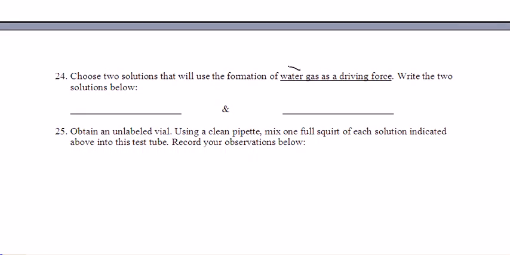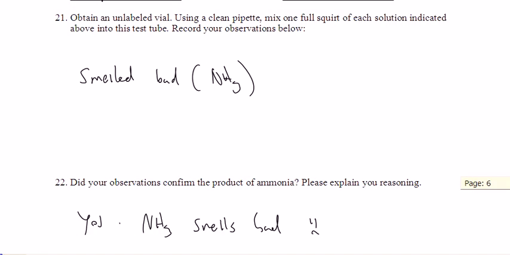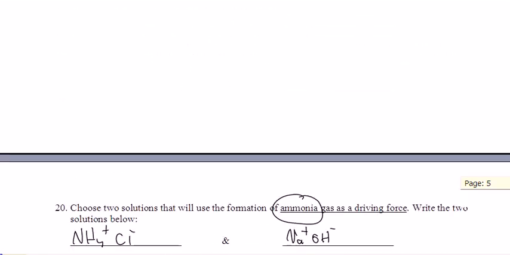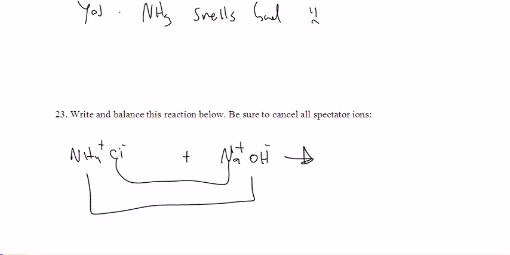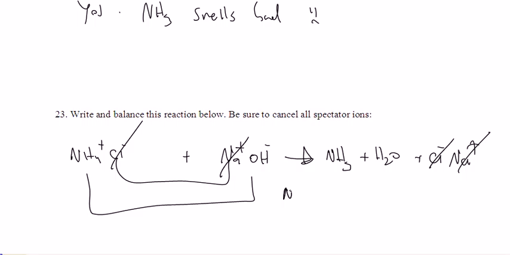Choose two solutions that would produce water. Now notice this. Oh, I didn't balance the reaction. Balance this reaction. NH4+ Cl- plus Na+ OH-. These are going to hook up, and you're going to get NH3 plus H2O plus Cl- Na+, cancel, cancel, cancel, cancel.